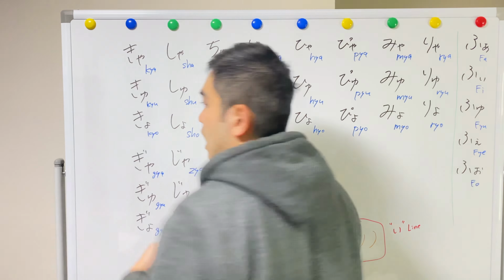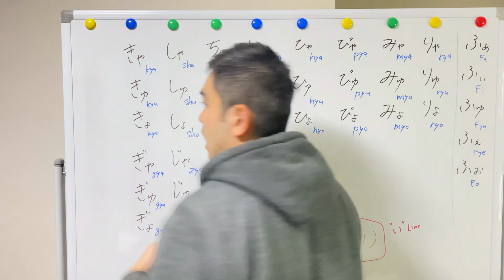And when you look at this yoon sound, you can see the pattern of the sound combination, which is small ya, small yu and small yo. Plus, look at this hiragana: ki, shi, chi, ni, hi, mi, ri.